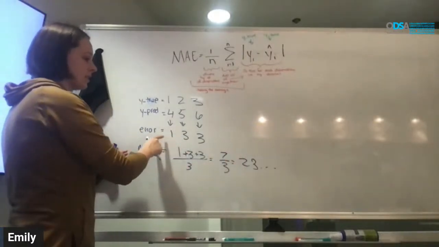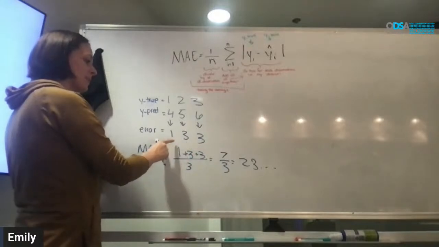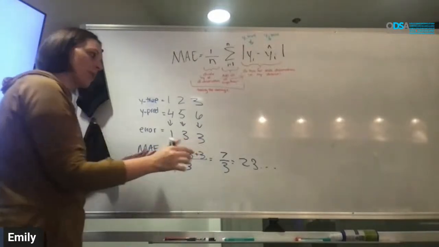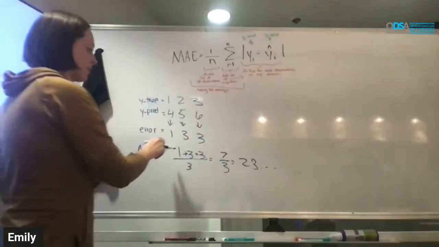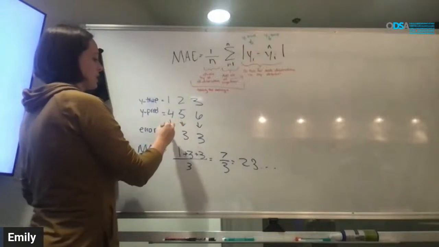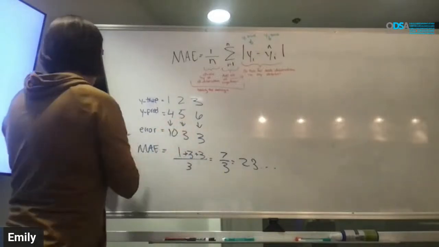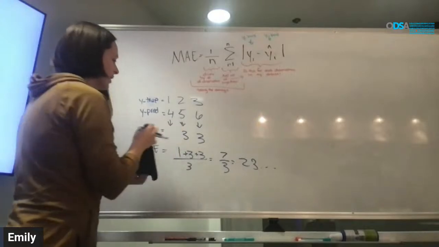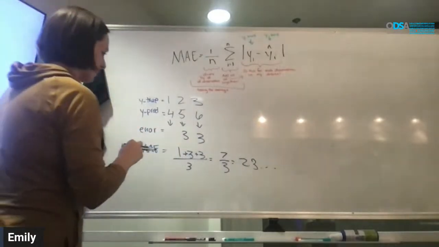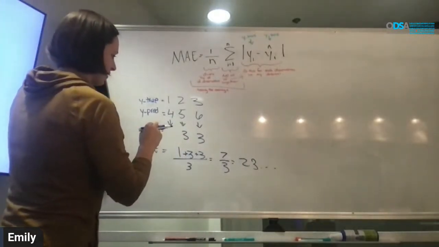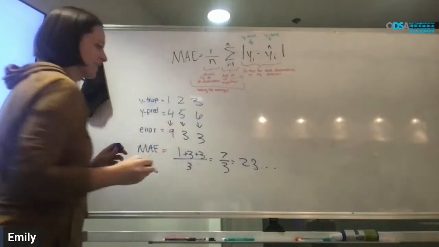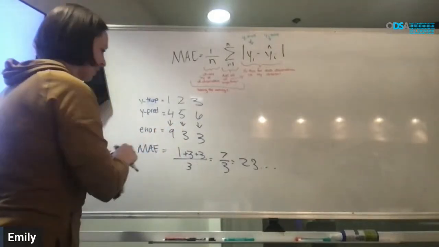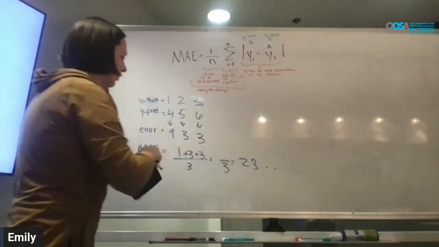And so you can start to understand that this makes sense because one of these is 1, the other 2 are 3, if it's an average of these errors. Now what if we changed one of these to 10? Maybe I should make this multiples of 3 since we're dividing by 3. What if I change this to 9? Okay, it's a little easier. We're going to get an even number here.